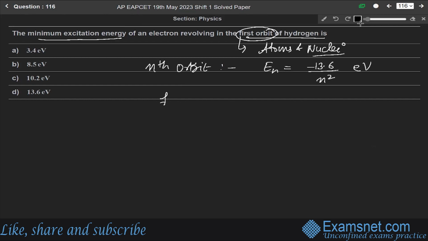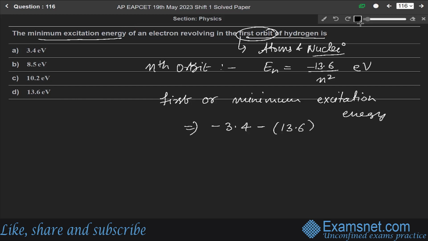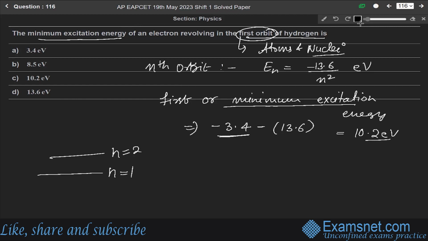And we have to find in the first orbit. So the minimum excitation energy will be equal to minus 3.4 minus minus 13.6. Okay. So it will be 10.2 electron volt. This minus 3.4 comes since we have to find the minimum excitation. Minimum excitation means from n equals 1 to n equals 2.